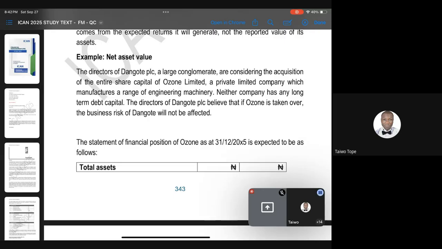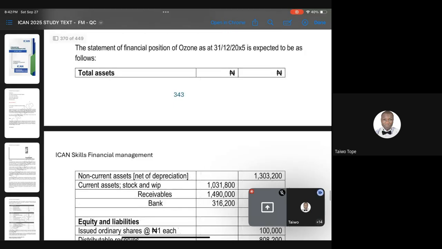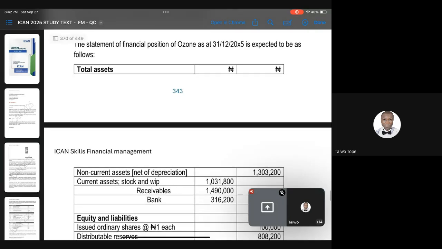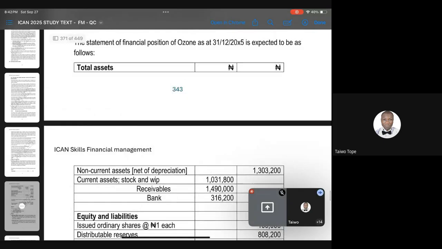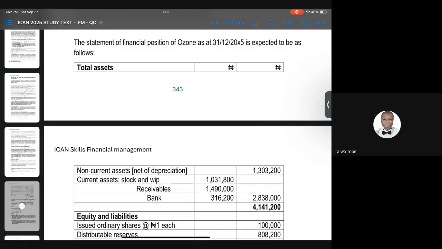The directors of Dangote PLC believe that if Ozone is taken over, the business risks of Dangote will not be affected. The statement of financial position of Ozone as at 31st December 20X5 is expected to be as follows. Total assets: non-current assets net of depreciation, current assets, stock and work in progress, receivables, bank.